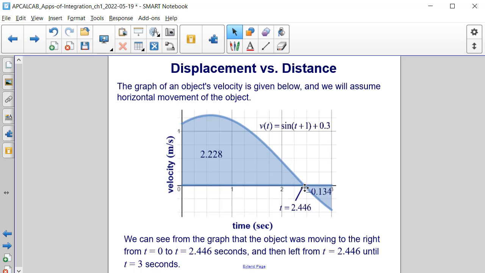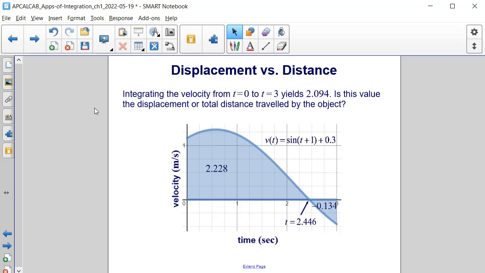And then it went back to the left from 2.446 until 3 seconds. That's what the positive means, going to the right, and then this negative value means going to the left.